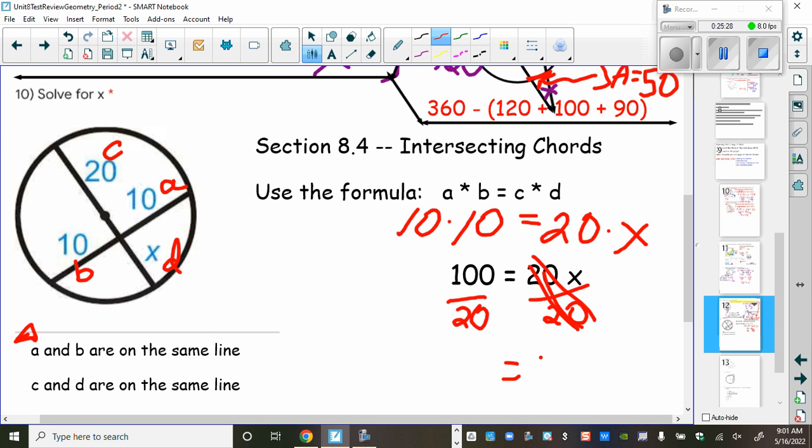X equals what number? It was 100 divided by 20, ladies and gentlemen. Well, we should be using them calculators. 5. Thank you, Andrew. 5 equals x. All right, questions on this problem?